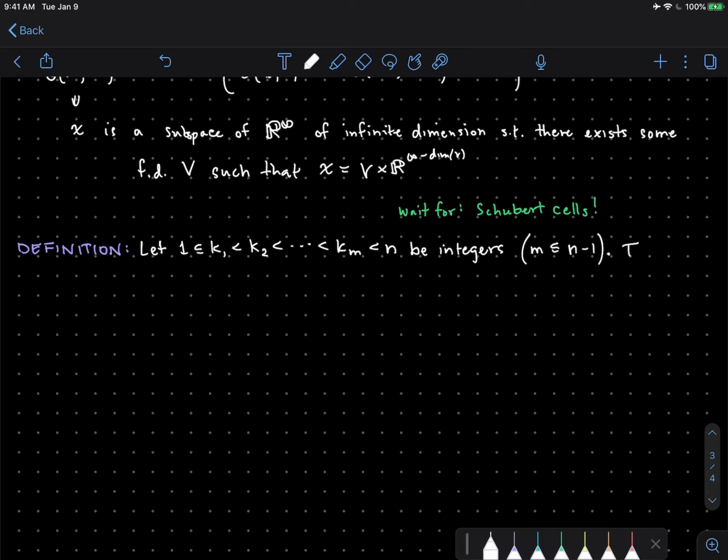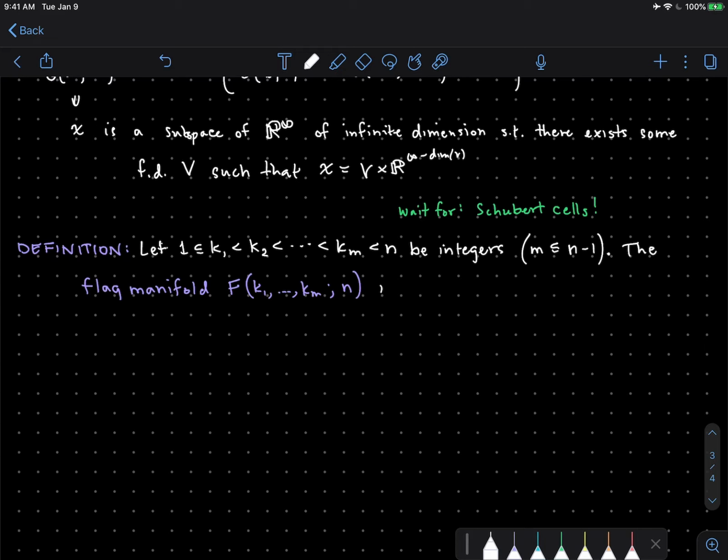Okay, so we're going to define the flag manifold, written F of n semicolon k1 up through km, or perhaps to be more consistent with my Grassmannian notation, I'll reverse those and write F of k1 up through km semicolon n.